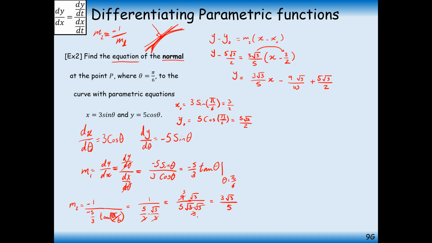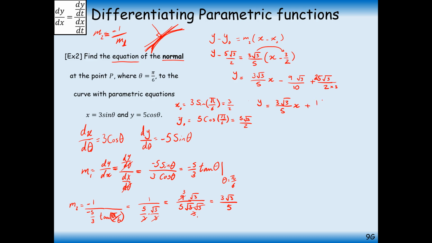Now we can get a common denominator here by multiplying this fraction here by 5. So I'm just going to rewrite that as y equals root 3 over 5 times 3x, and 25 minus 9 is 16.